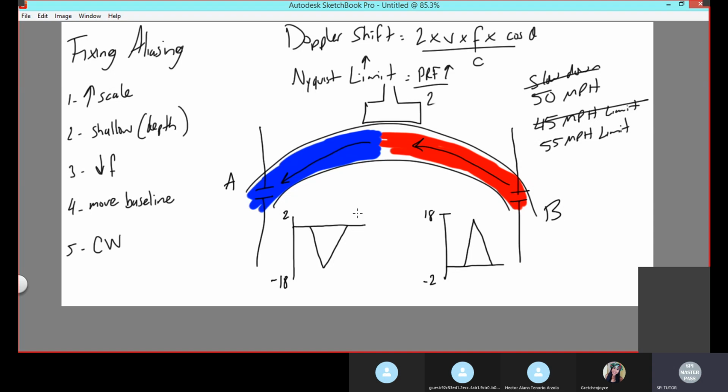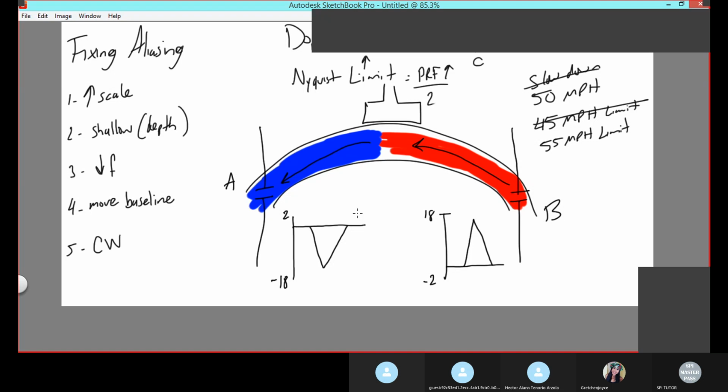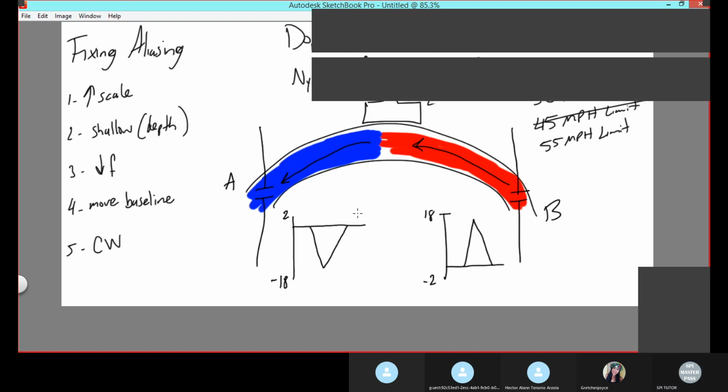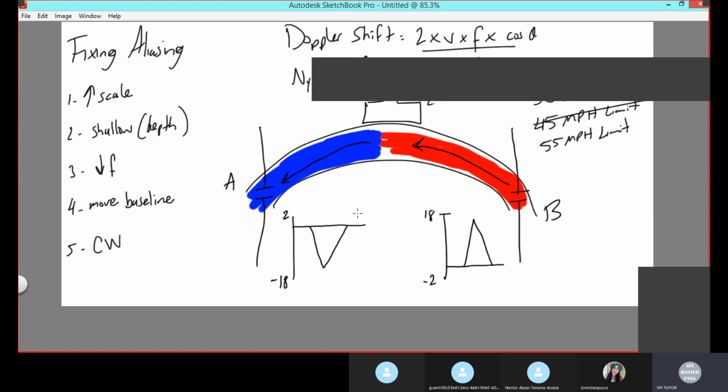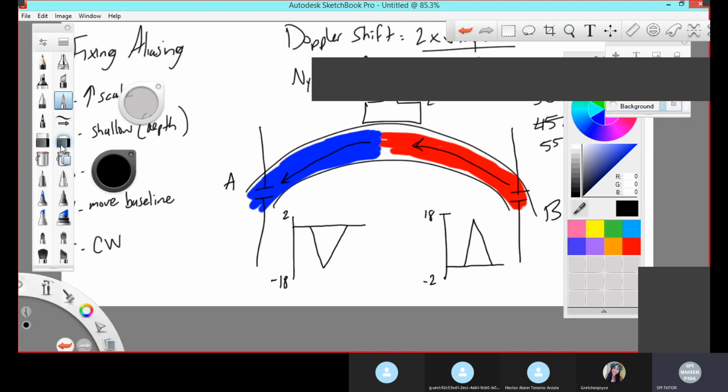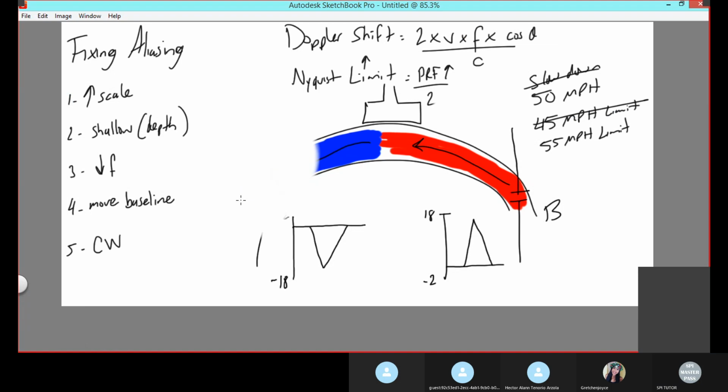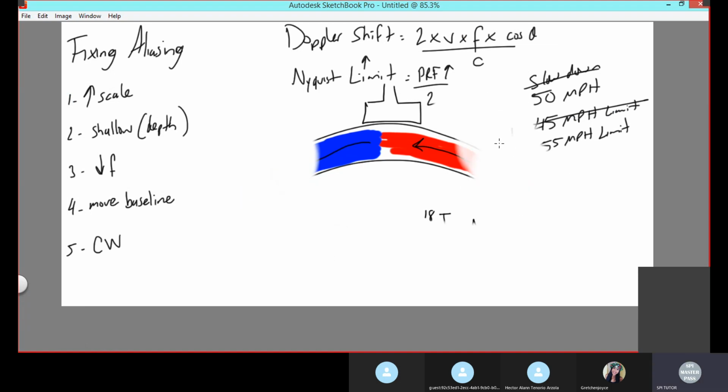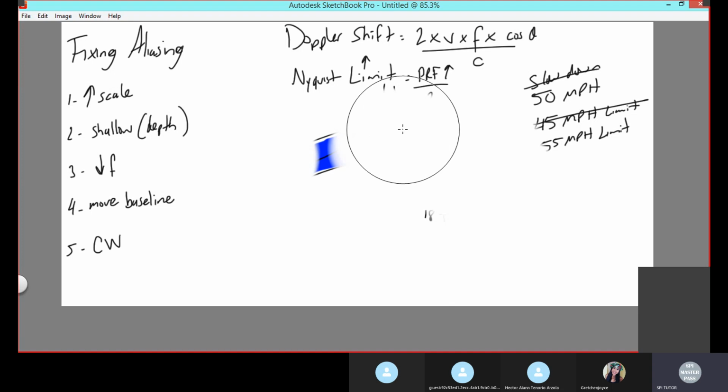Are we okay on moving the baseline? Good. Okay, good, good. So that's that. That's moving the baseline. And there's no negative to moving the baseline.